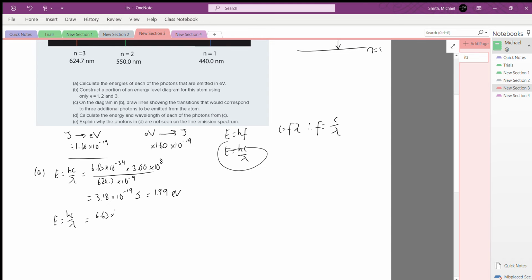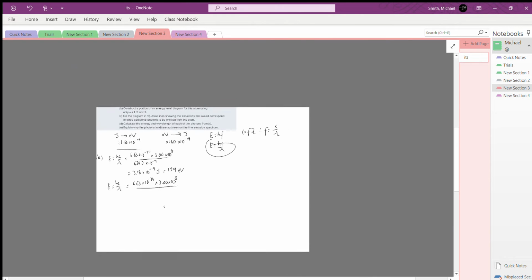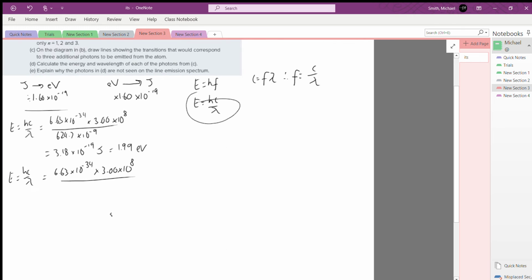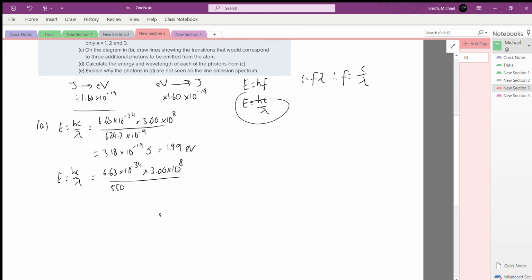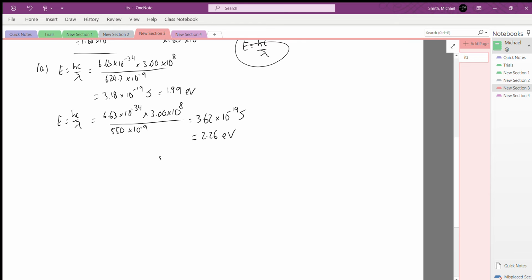So 6.63 times 10 to the power of minus 34 multiplied by the speed of light all over 550 nanometers, which if we substitute into our calculator, we get 3.62 times 10 to the power of minus 19 joules, which equals 2.26 electron volts.